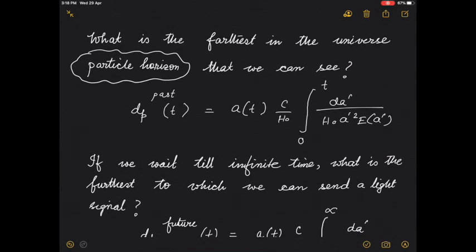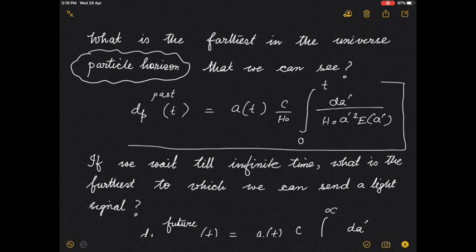And then we asked the question: can we see light or anything from the furthest reaches of the universe? Is it that we can see things coming from infinite distance in the universe?